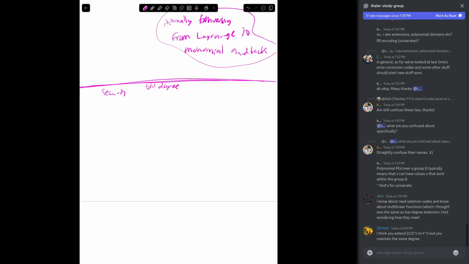Interactive proofs all use multivariate polynomials, so it'd be total degree over field size. I would be surprised if the term low degree extension came up before the interactive proof literature.